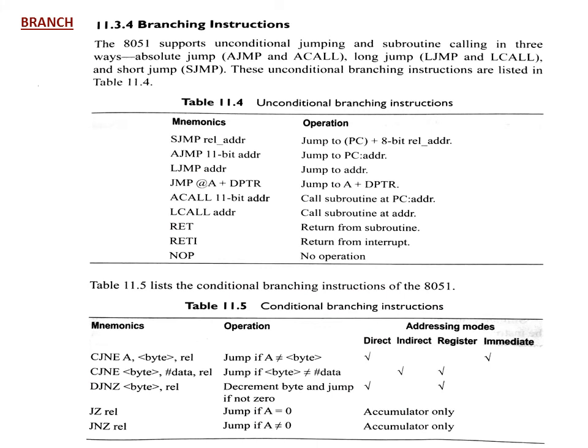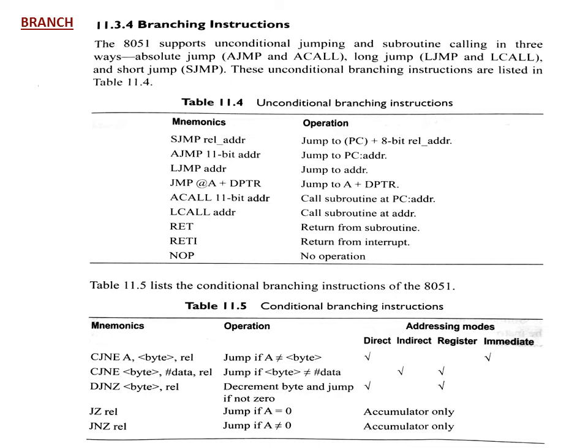Next, branching instructions. We already know branching means the execution control moves from one statement to another statement, or one location to another location. The program execution has been changed from one place to another place. It's called branching.